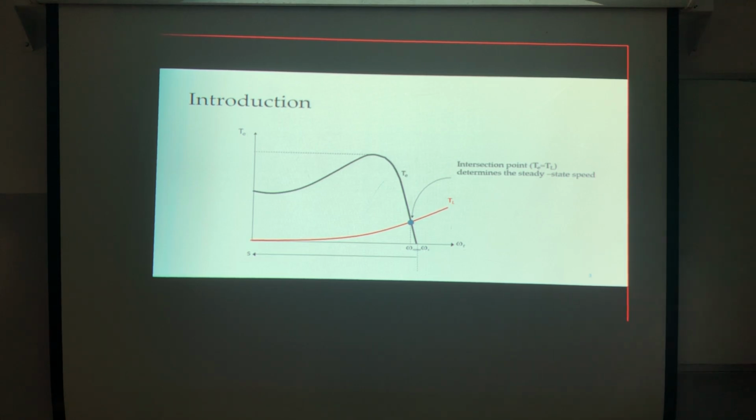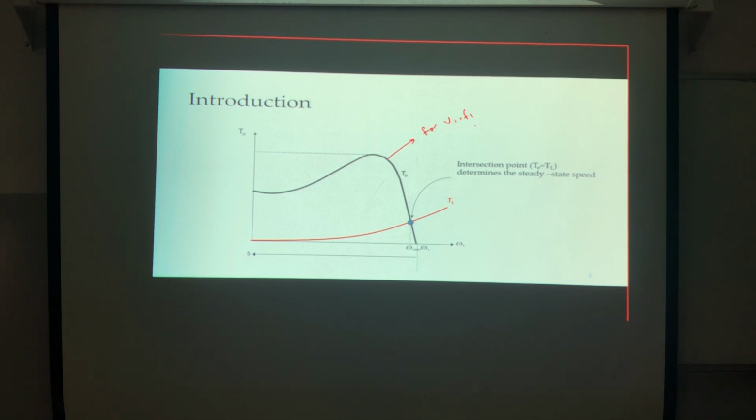Let's assume that the machine was operated at this point, and for any reason I need to change the speed. What should I do? Now remember, this curve here is for a certain voltage, certain frequency, correct? This one is for, let's say, V1, F1.